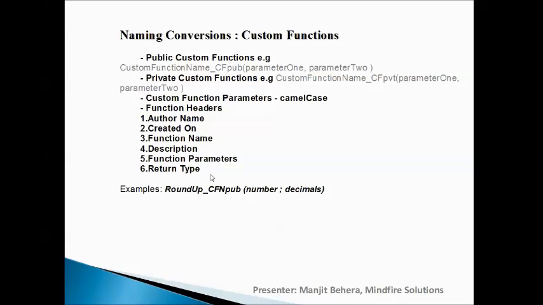You may or may not use this for your custom function, but providing the return type notification with the function is always better, because by that one can know whether this custom function returns numeric data or text data.